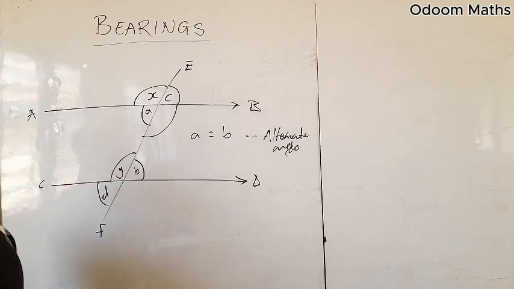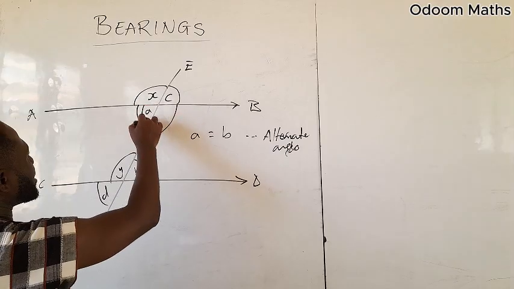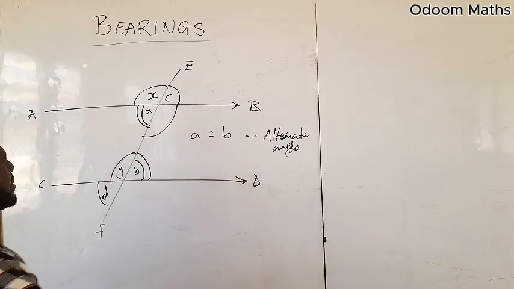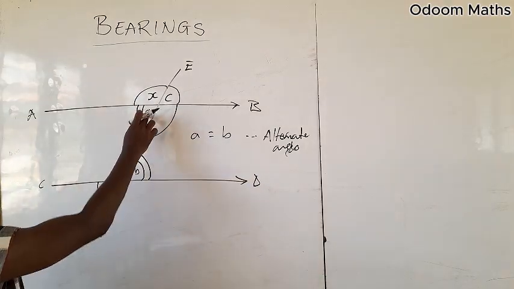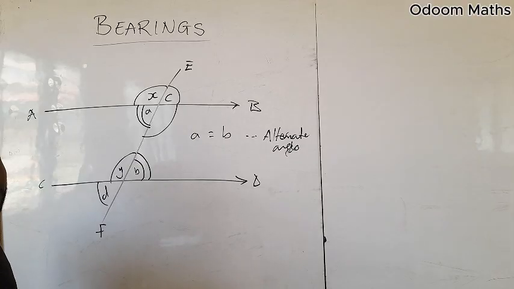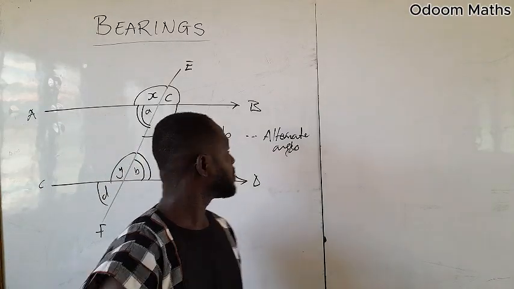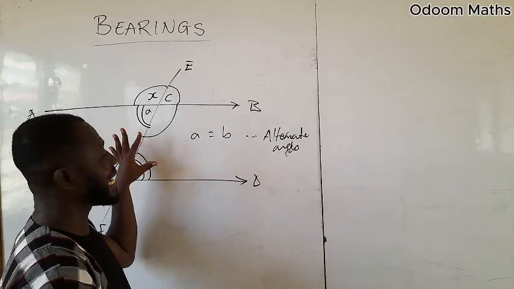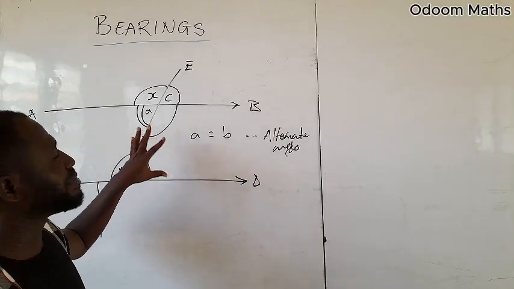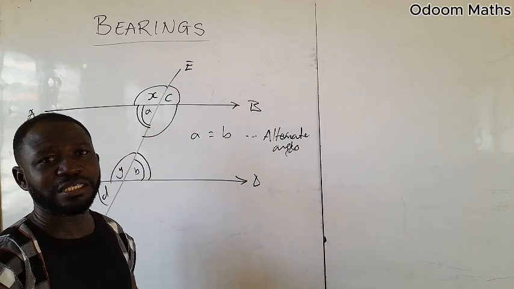Okay, but for the sake of back bearing, let's concentrate on angle A and then that of B. So these two angles are alternate angles. Okay, now let's go back to the back bearing issue and see how we can use this idea here to learn about back bearings and then solve examples as well.